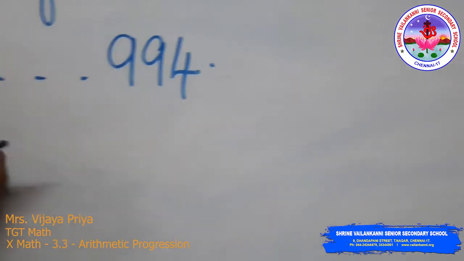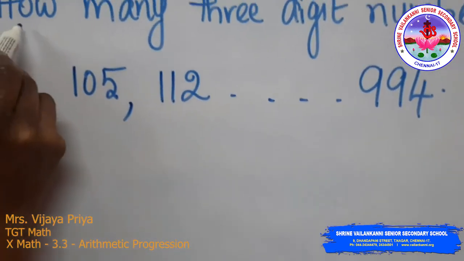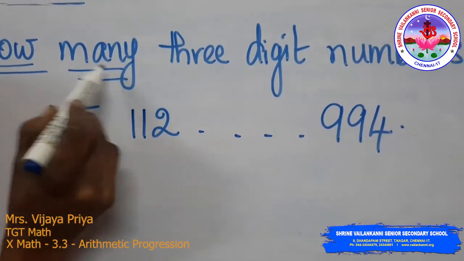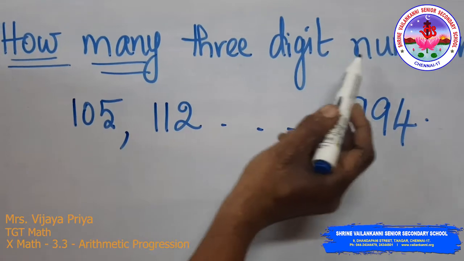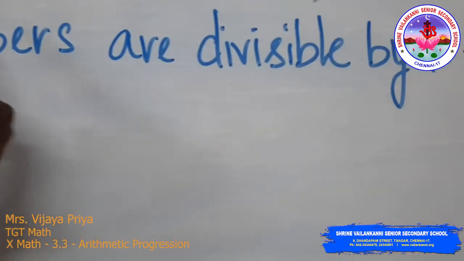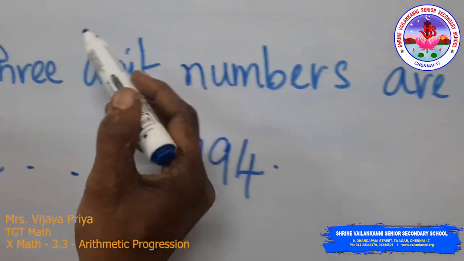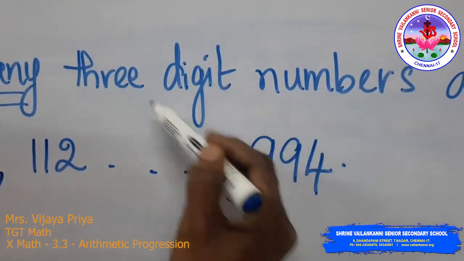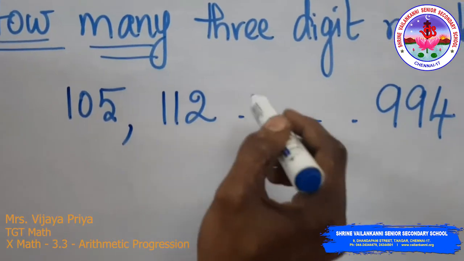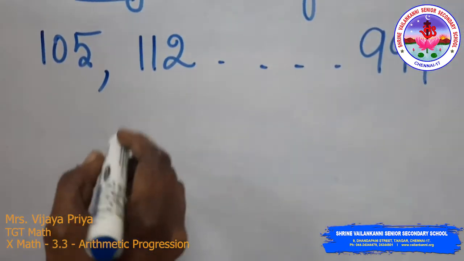The last number which is divisible by 7 will be 994. In this question he is asking how many 3-digit numbers are divisible by 7, which means he is asking for the count of such numbers. That is, he needs to find the value of n here.